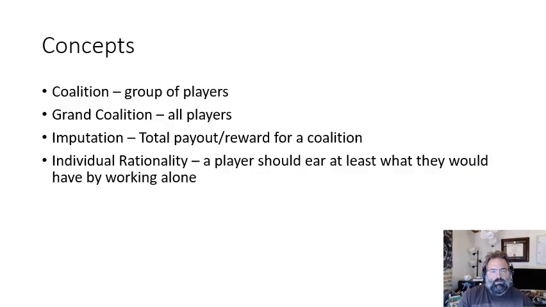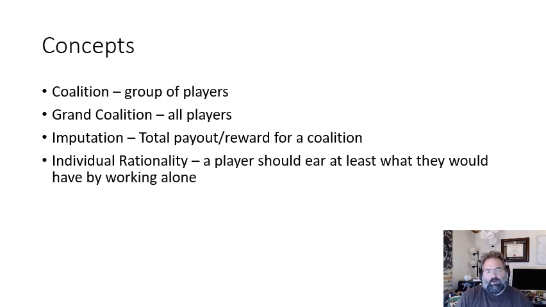When you talk about cooperative game theory, you have a group of players, and we call them a coalition. And a grand coalition is all the players in the environment. And you basically have some sort of imputation, some sort of total payout or reward for the coalition. So there's the entire group of players that are potentially working together, and that's what the coalition is implying, and it has some amount of reward that they're going to share potentially in some fashion.